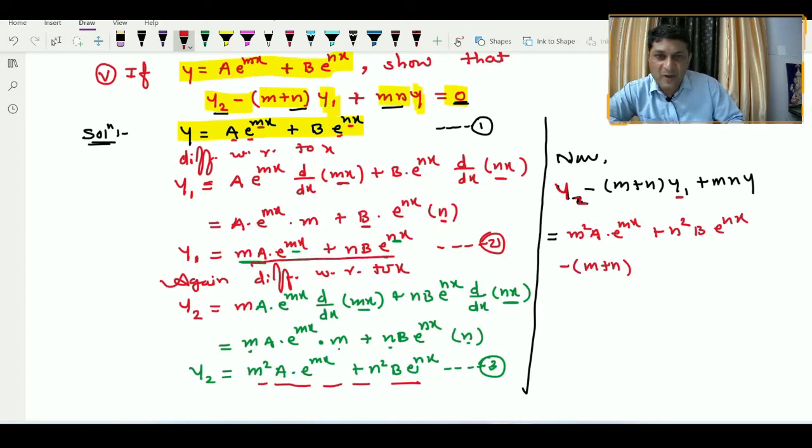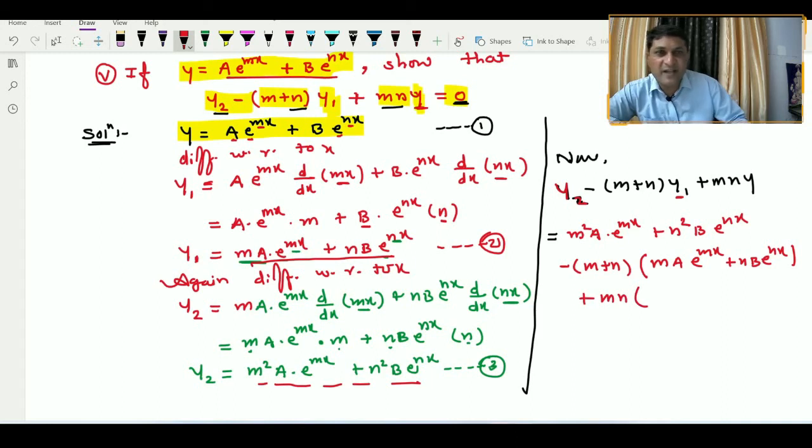The value of y1 is ma into e^(mx) plus nb into e^(nx), plus mn, keep it as it is. Lastly replace y by its value.